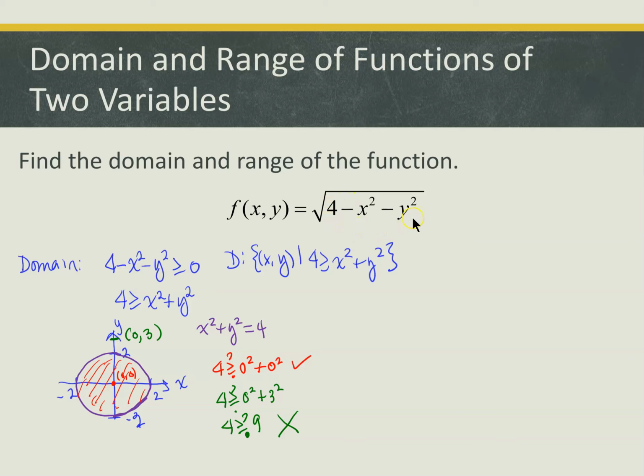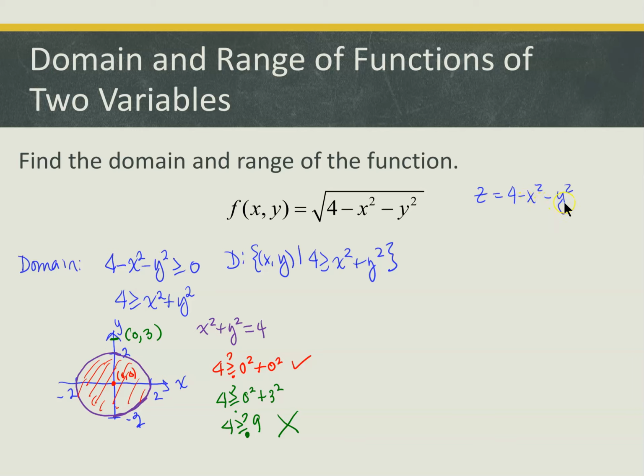Now if we think about this expression underneath the radical, if we were to graph z equals just the function underneath the radical, so 4 minus x squared minus y squared, that would be a paraboloid opening down because of these negative coefficients, with the vertex being at 4.